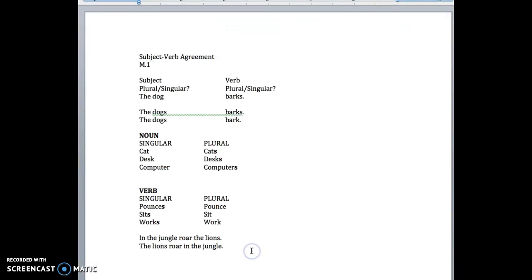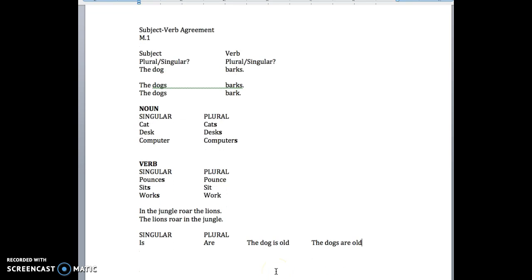We talked about the S's. Let's talk about a few irregulars. We'll talk about singular and plural. So, is versus are, for example. As in, the dog is old and the dogs are old. Okay.